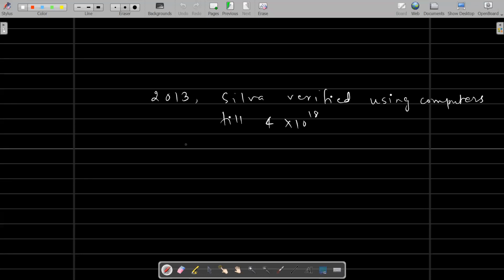Yeah, in fact, there is one interesting conjecture due to Dubner.